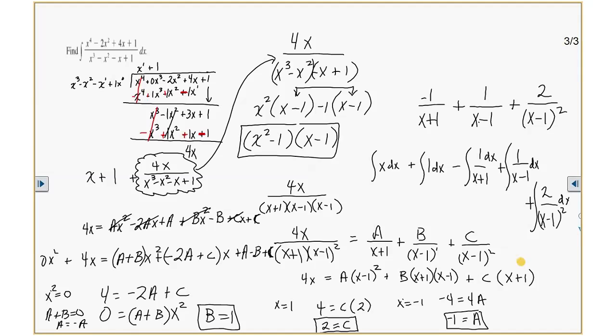You gotta factor that x minus 1 into x minus 1 and x minus 1, yeah. What, this one?